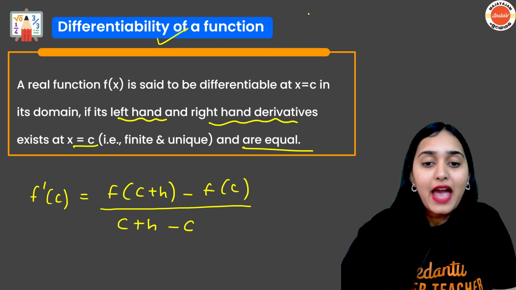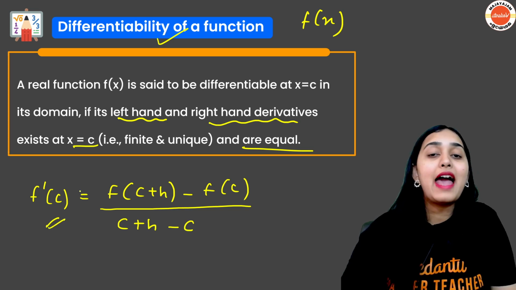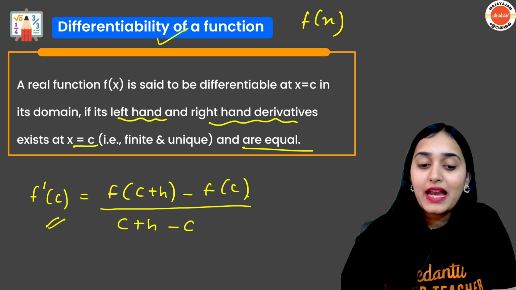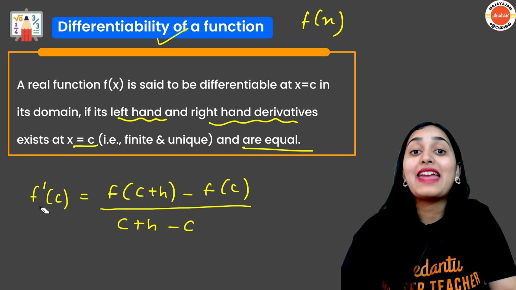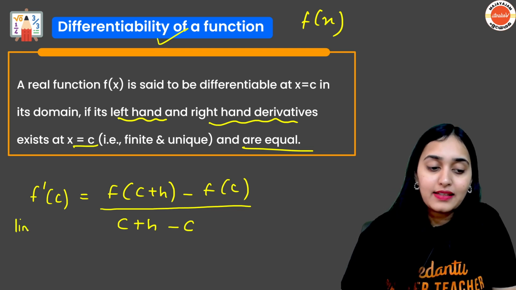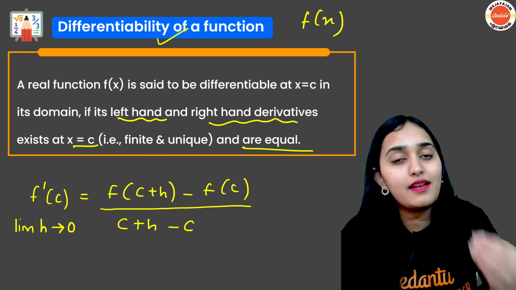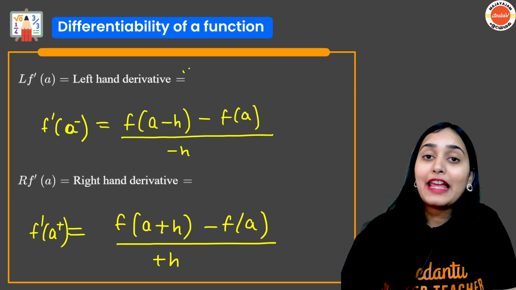If you have a function f x, then f dash of x at point c will be f of c plus h minus f of c upon c plus h minus c. Now what is h here? h is basically a value which is almost 0, so we will consider it as 0 only. Okay. Now what will be the left hand derivative?